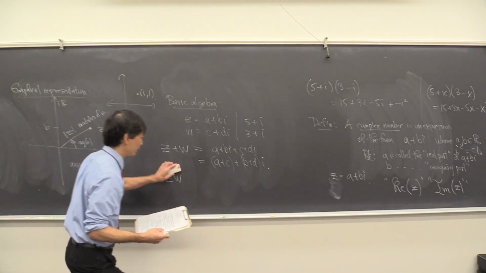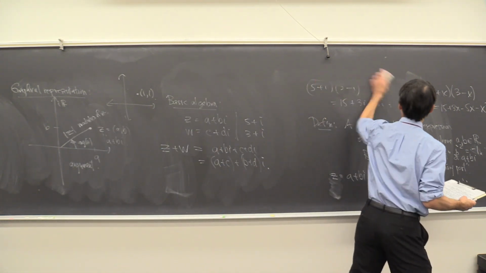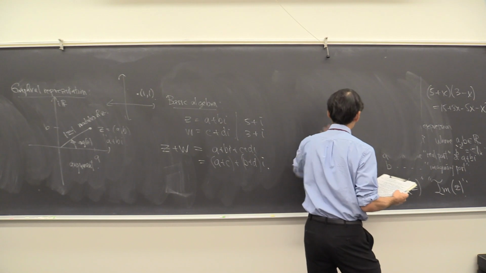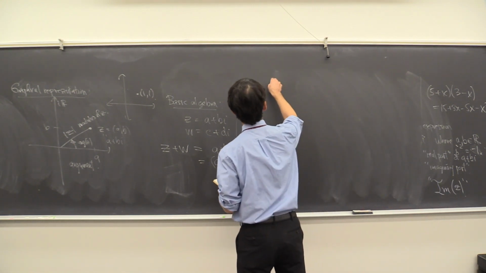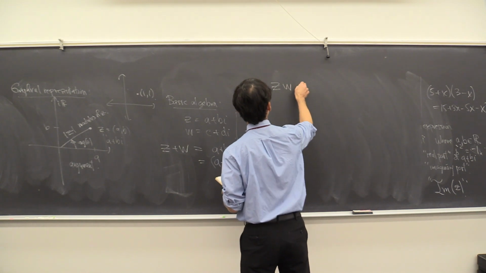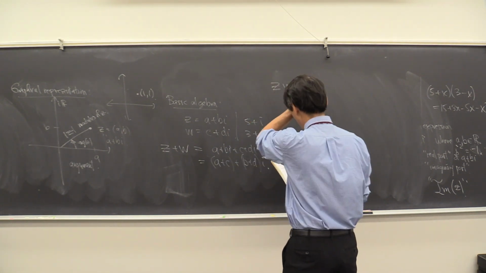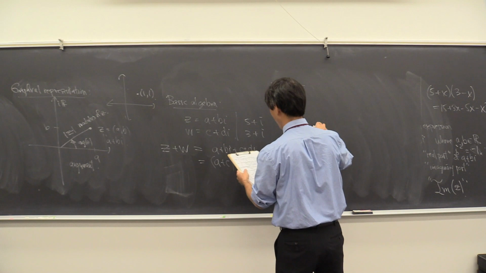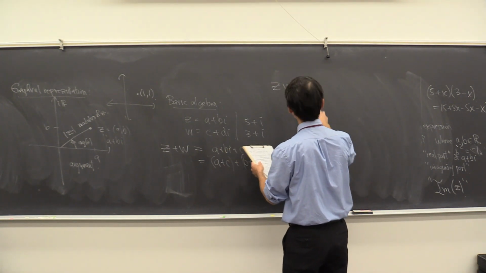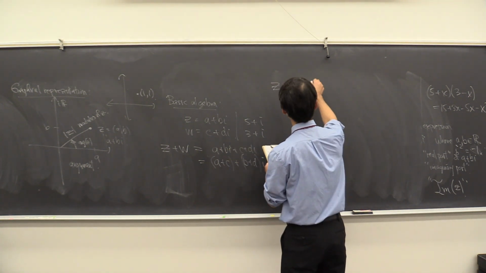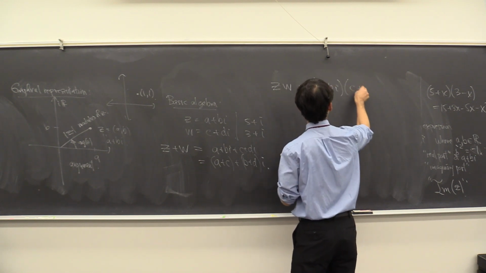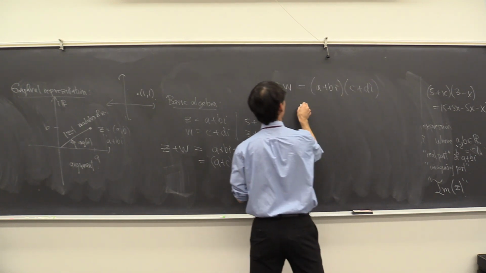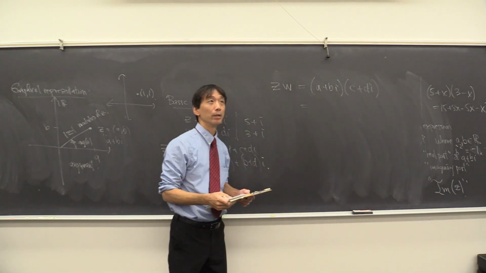z times w is a little bit trickier to write down, but easy to work out. So when I say z times w, what do I mean by that? That's going to be, of course, a plus bi times c plus di, right?